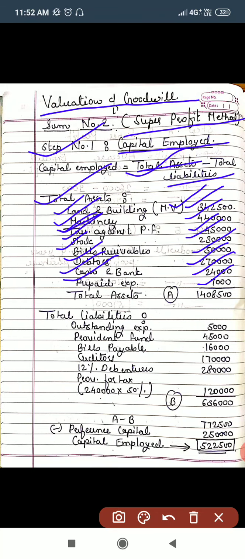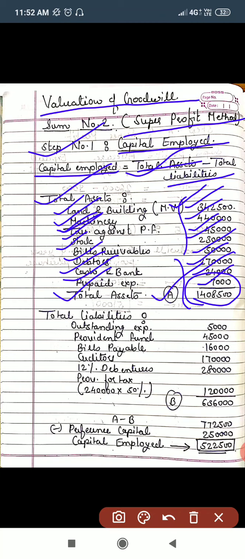Preliminary expenses are fictitious assets, and that is why they will never form part of the capital employed. That is how we have finished with the asset side. Let us take the total of this. You will get 14,80,500 as the total assets. We will name it as A.